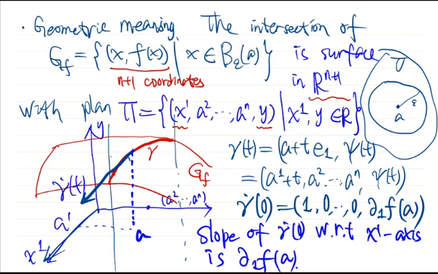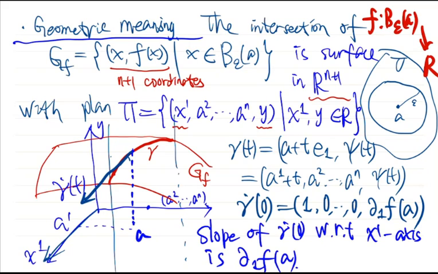So this gives the geometric meaning of the partial derivative. That is to say, the partial derivative of a function f defined near a is the slope of the curve. The curve is the intersection of the graph of the function and the corresponding plane. So this gives the geometric interpretation of the partial derivative.